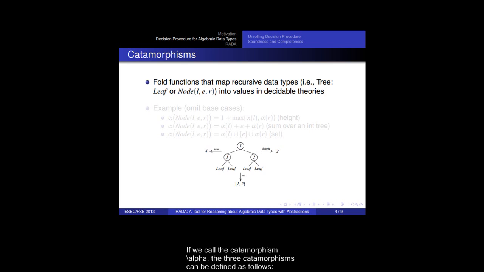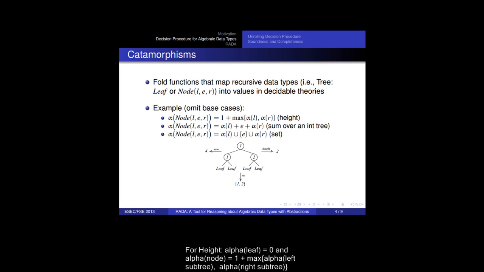If we call the catamorphism alpha, the three catamorphisms can be defined as follows. For height, alpha of a leaf is 0 and alpha of a node is equal to 1 plus the maximum value of alpha of the left subtree and alpha of the right subtree.